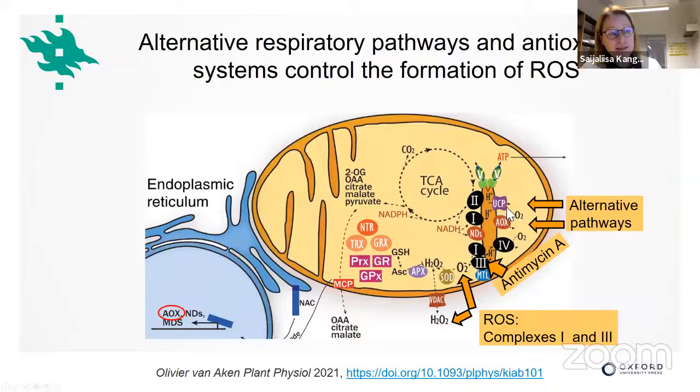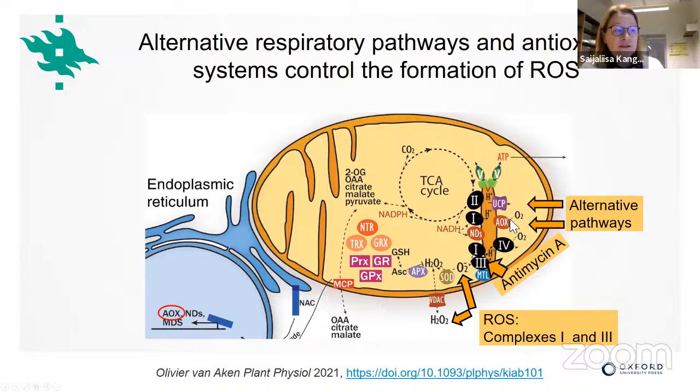But in addition to that, plants have some plant-specific components. And one of them is a so-called uncoupler protein, which can release protons from this matrix and which does not really result in a production or formation of ATP. It just releases the proton gradient.